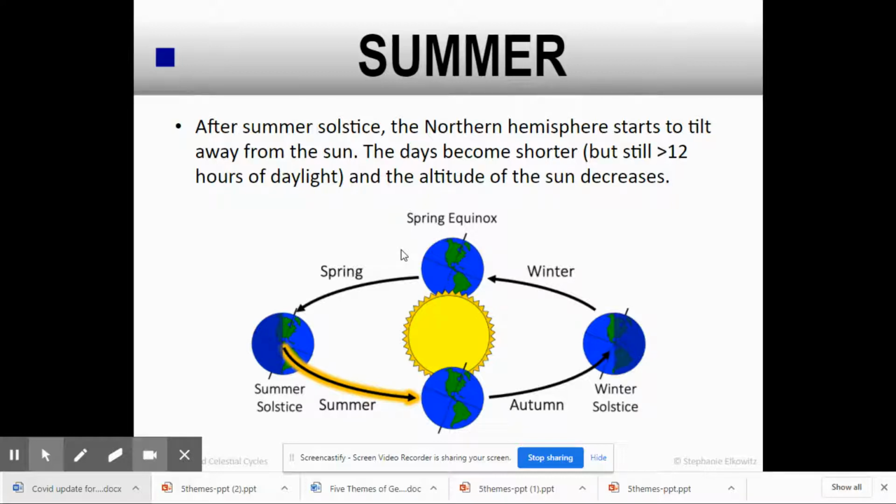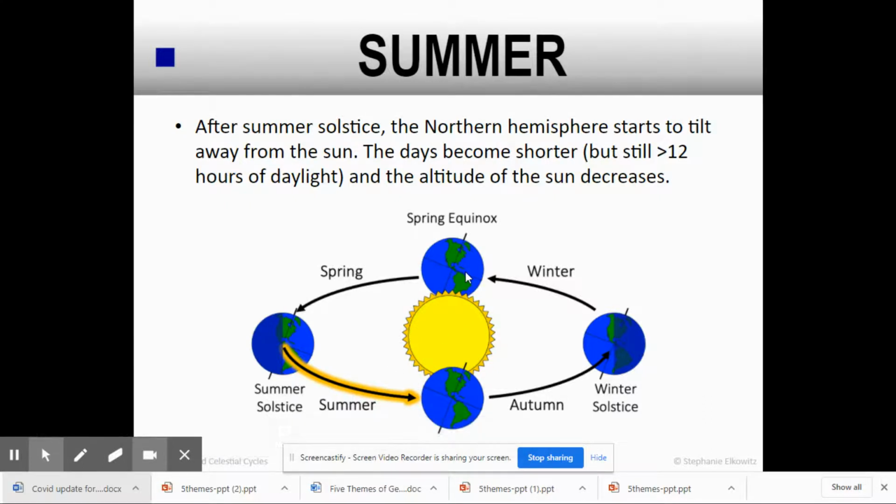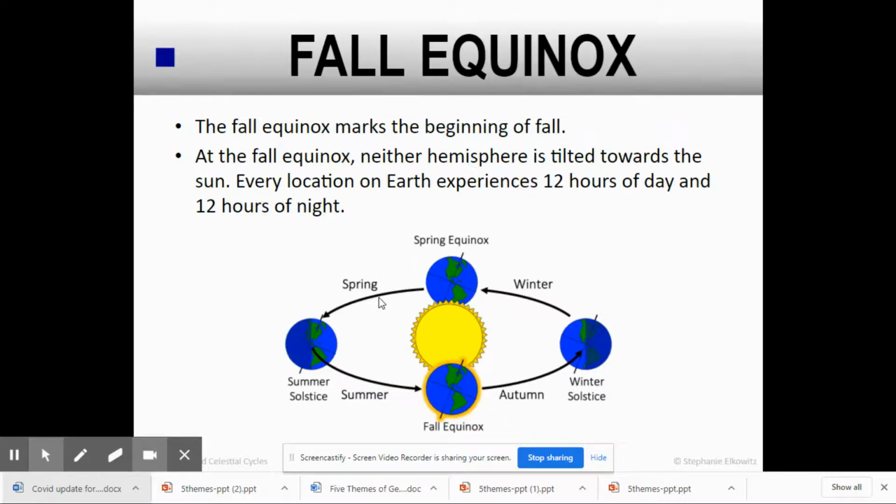The days become shorter, but we still get more than 12 hours of daylight, and the altitude of the sun starts to decrease. So really pay attention to the tilt, whether it's closer to the sun or farther, and remember we're in the northern hemisphere, so you really want to focus on what it's like for us here in the northern hemisphere.